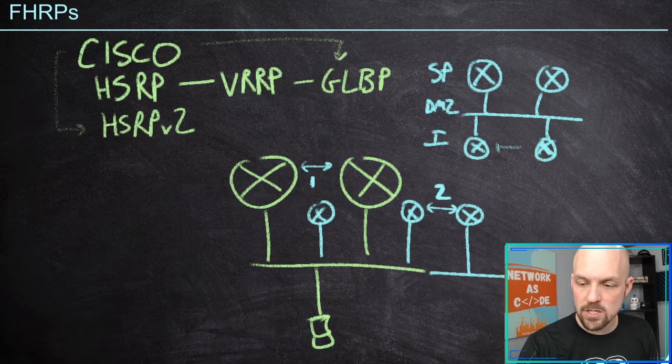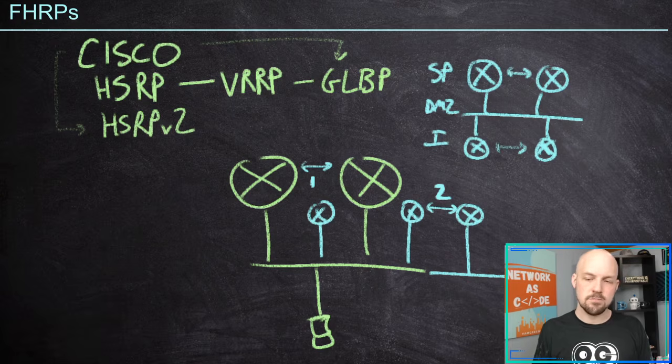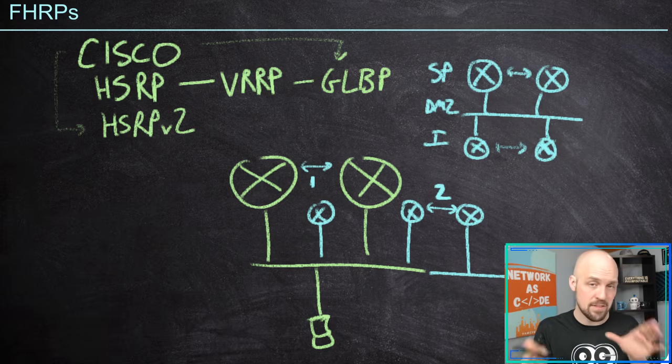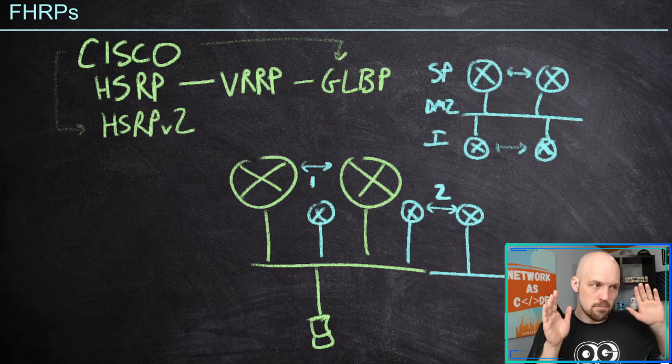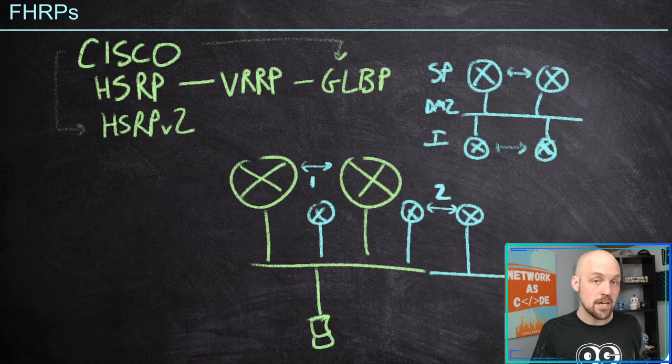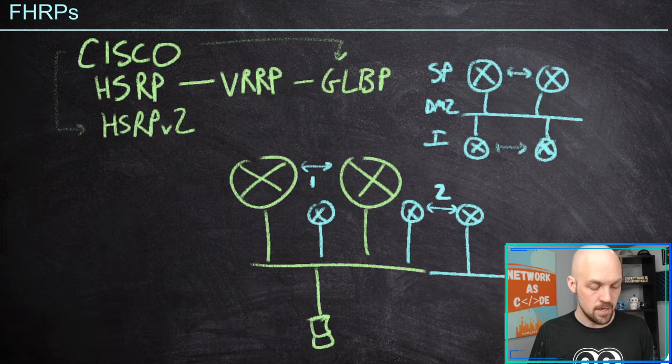I'm running HSRP this way, they're running HSRP that way, and now all 4 of these routers could think that they're in the same HSRP domain. And we don't want that. They're sharing different virtual IP addresses, virtual MAC addresses, and different networks behind them, so we don't want them all to share. We want 2 separate pairs. And this is, again, where the benefit of having groups comes into play.